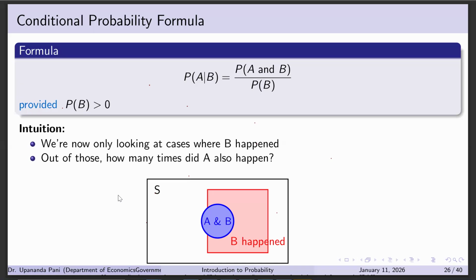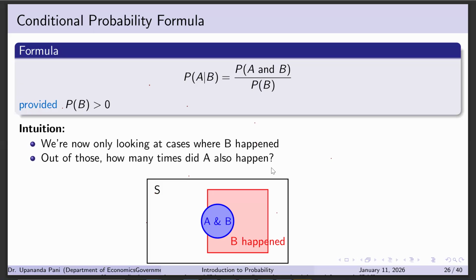Now what is the intuition over here? We are now only looking at cases where B has happened, and out of those, how many times did A also happen? Just try to see the sample space. B has happened, then A and B has happened. Are you able to understand, Sangeeta?